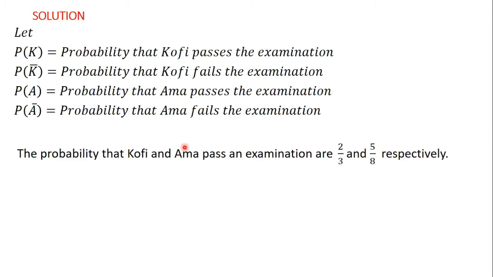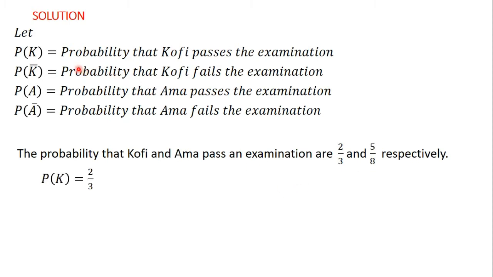From the question, we were told that the probability that Kofi and Amma pass an examination are 2 divided by 3 and 5 divided by 8 respectively. What this means is that the probability that Kofi passes the examination is 2 divided by 3, and the probability that Amma passes the examination is 5 divided by 8.